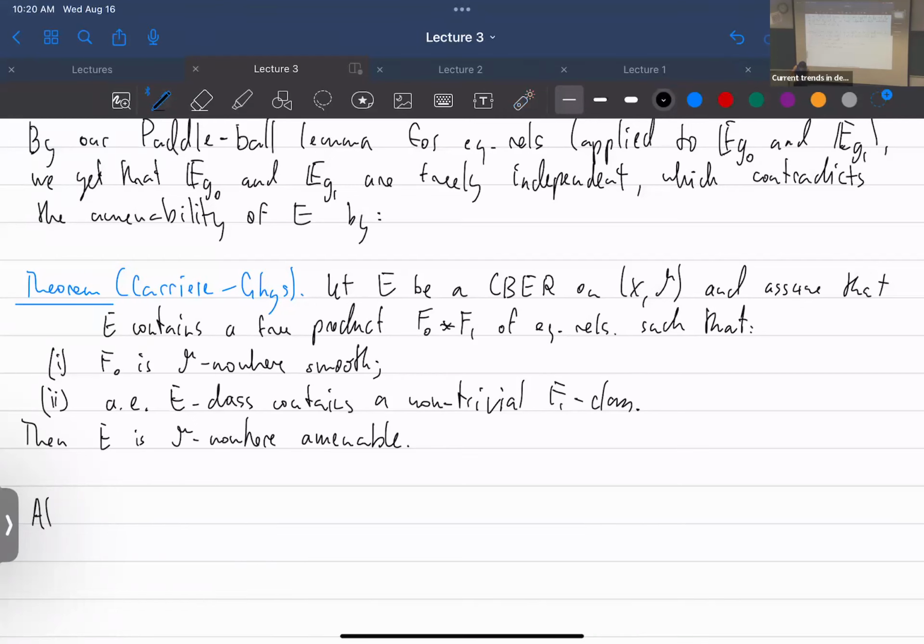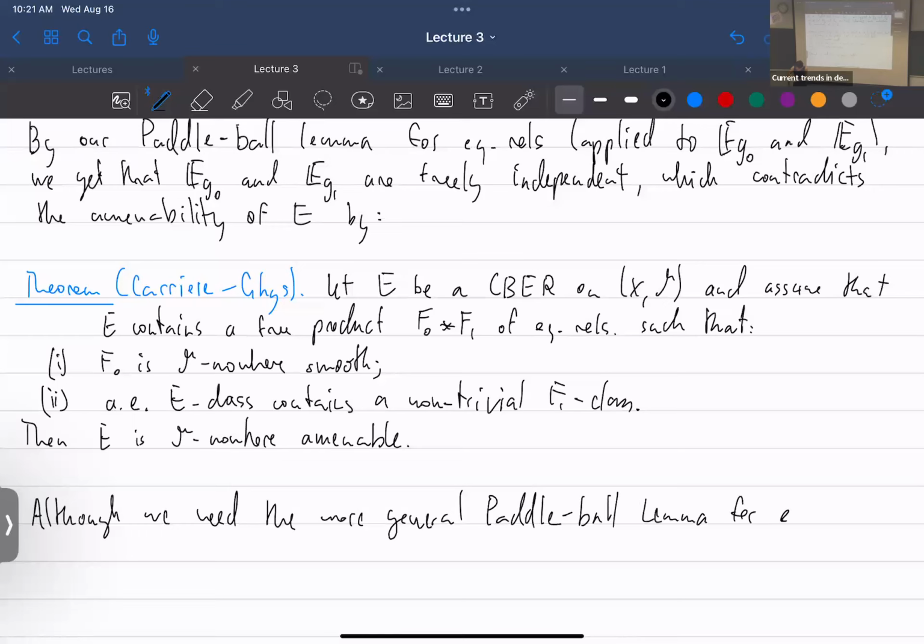So although we need the more general Pedalball lemma for equivalence relations, I will only state it for permutations for simplicity. You can maybe guess the equivalence relation version.